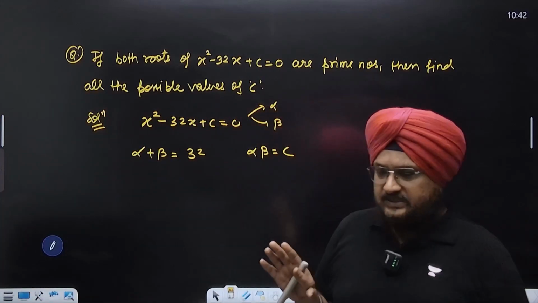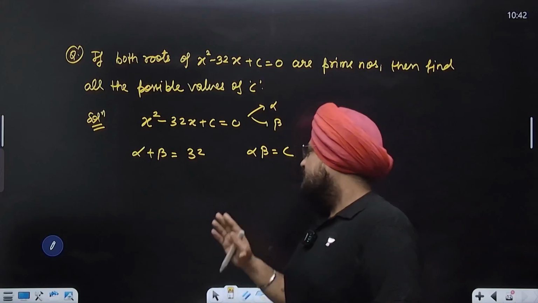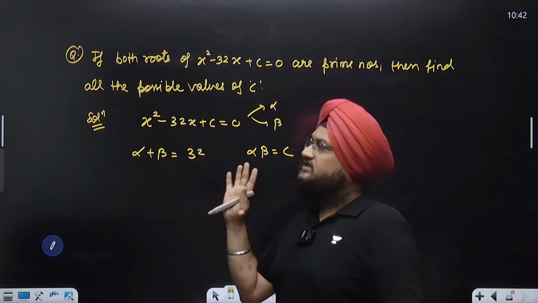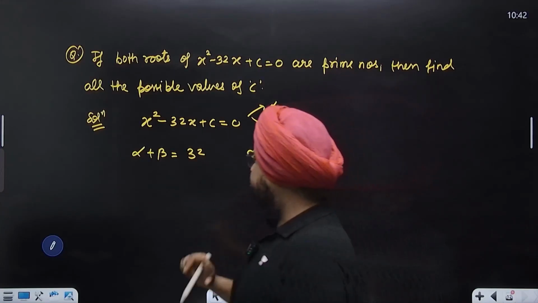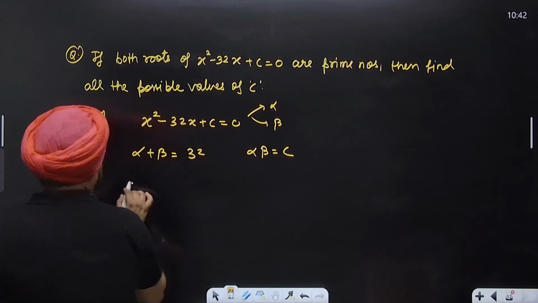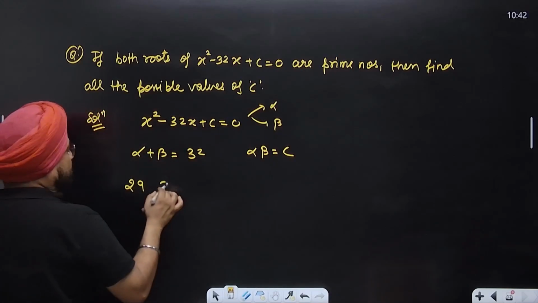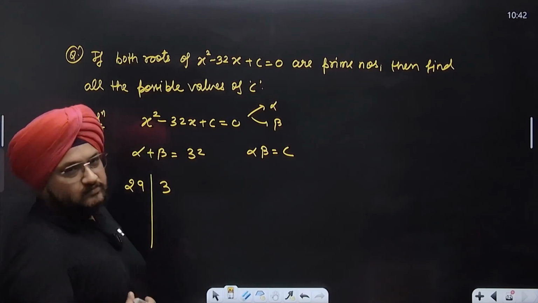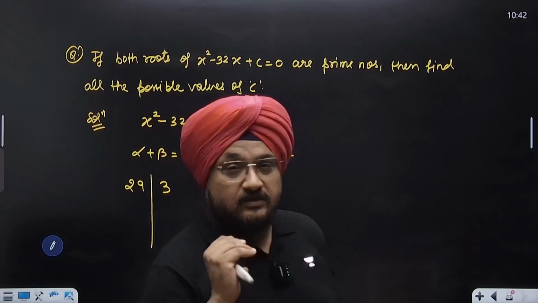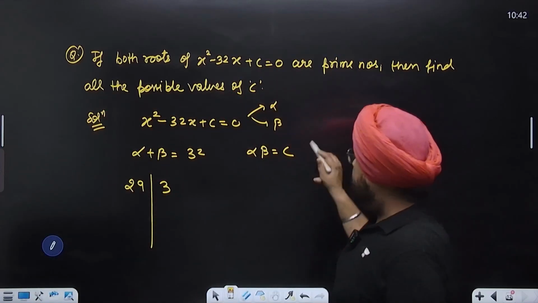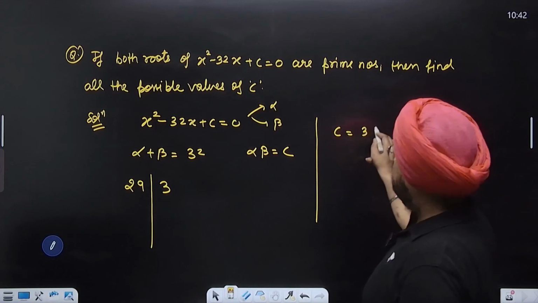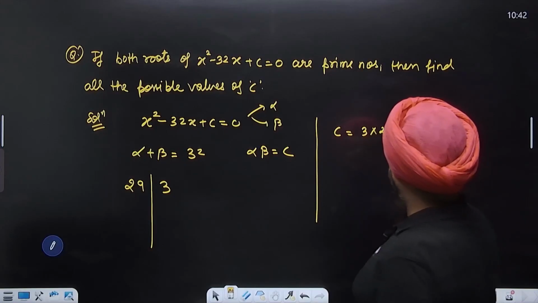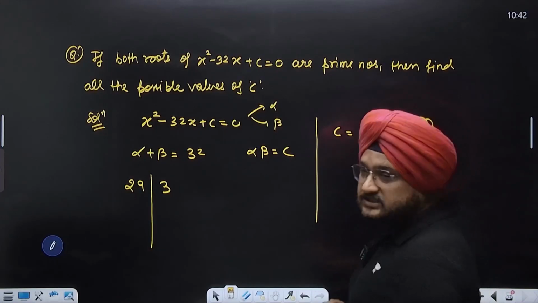So 31 is rejected. Next, after 31, the prime number is 29. If I take one of the values as 29, then the other will become 3. Both are prime numbers. This is one of the values of C. What will C be? 3 into 29, so one of the values of C is 87.